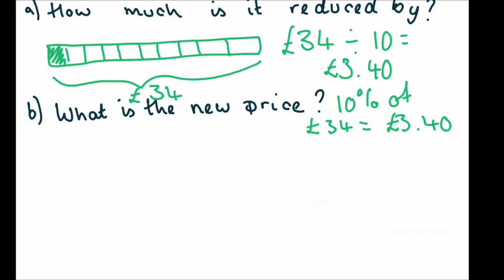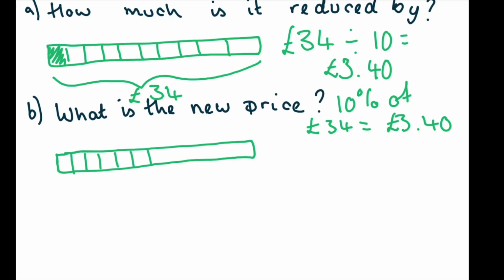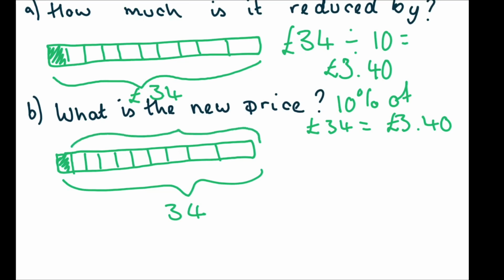Okay, so next we want to know what the new price is. So remember that we took 10% away from £34. So I'm just going to draw my bar model again. And that was my 10% that I've taken off. That means that the rest of it is the new price.